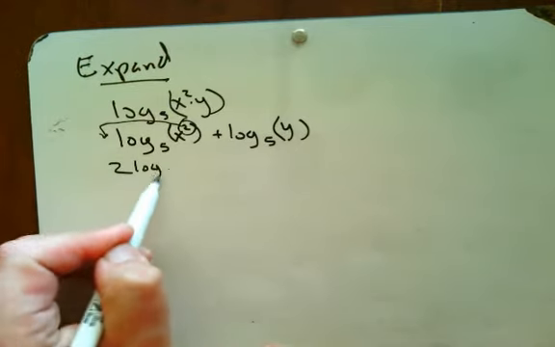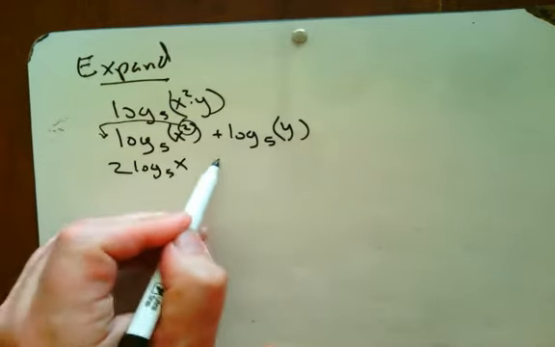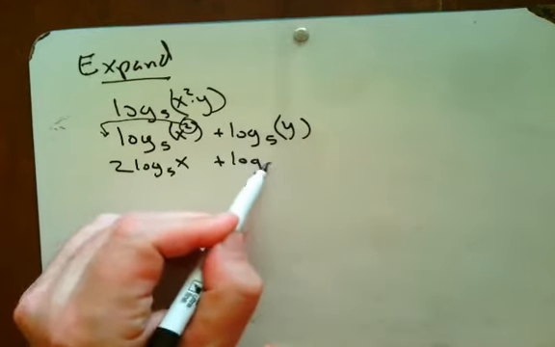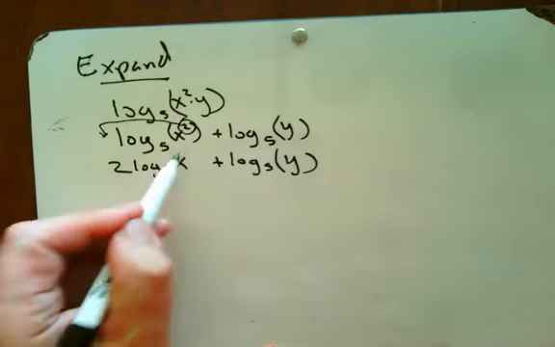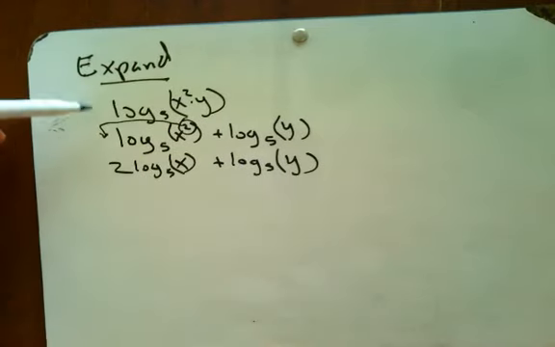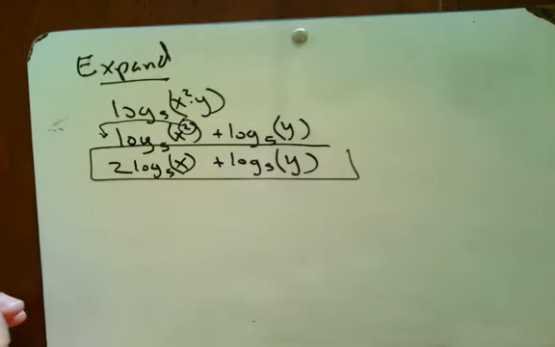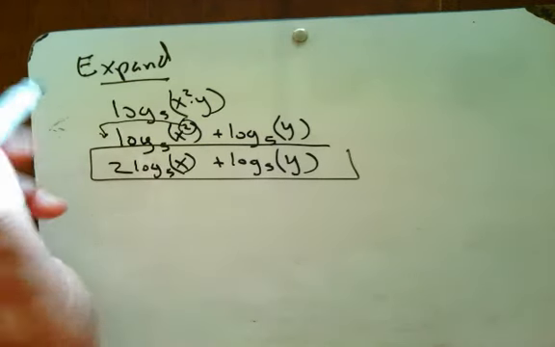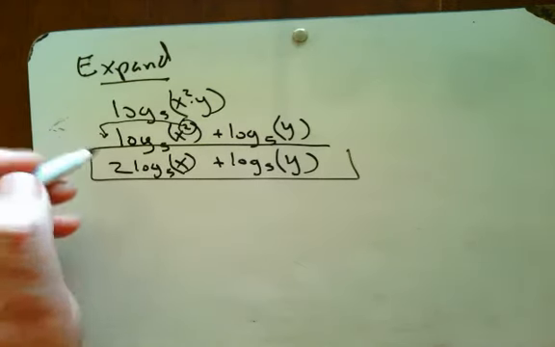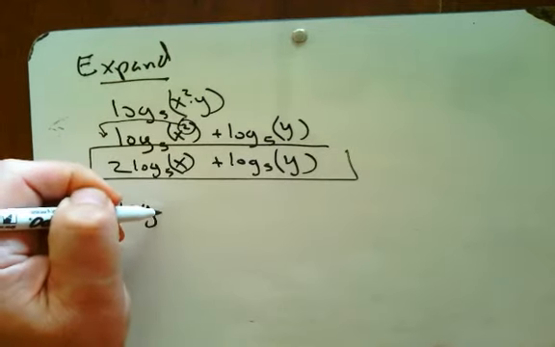But I want to look again and notice, oh look, I have a log, and I have this exponent. So I'm going to use the power property now to bring this 2 down in front. And so I'm going to have 2 log base 5 of x plus log base 5 of y. That is expanding this 1 log as much as possible. This would be our expansion.